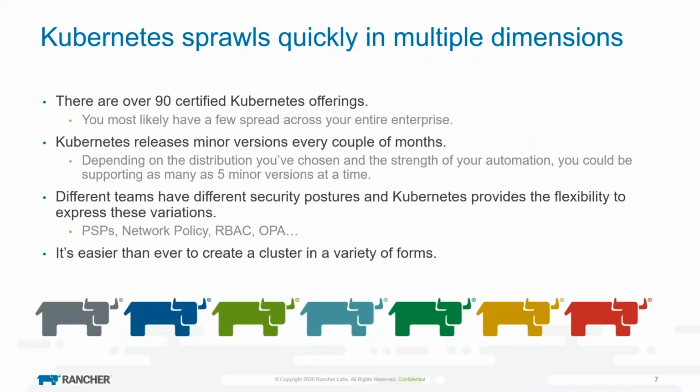With multi-cluster sprawl, you have countless distinguishing features among those different clusters that could cause problems when you're trying to connect cluster to cluster to cluster. For instance, I got this off the CNCF webpage: there are over 90 certified Kubernetes offerings.